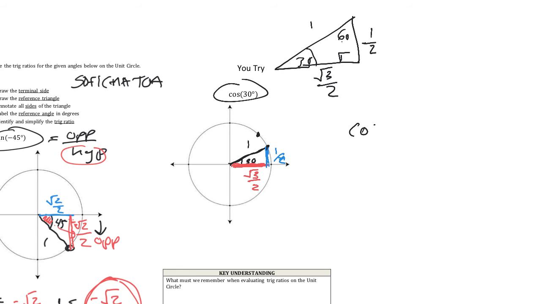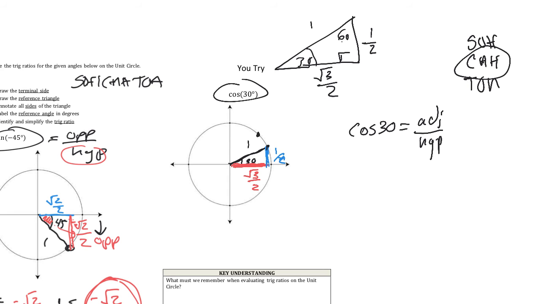So I need cosine of 30. And I know SOHCAHTOA. Always write this down. It's just a good tool. So cosine is adjacent divided by hypotenuse. So my reference angle is this 30 degrees. The adjacent side next to it is square root of 3 over 2. That's my adjacent side. Then I'm going to divide by the hypotenuse.